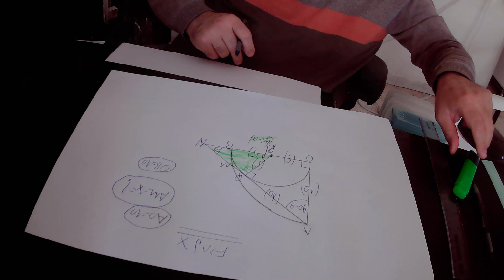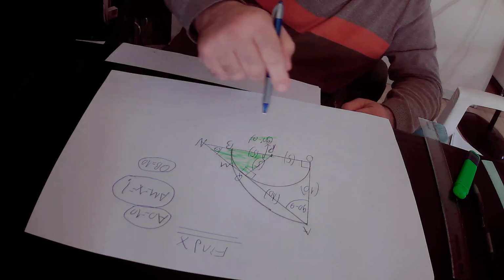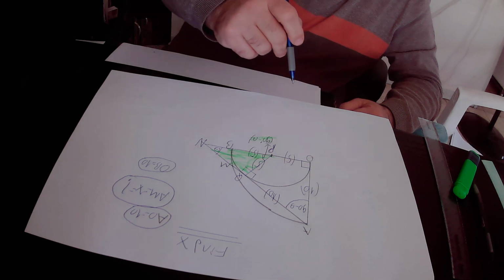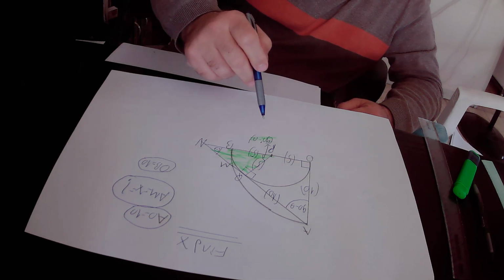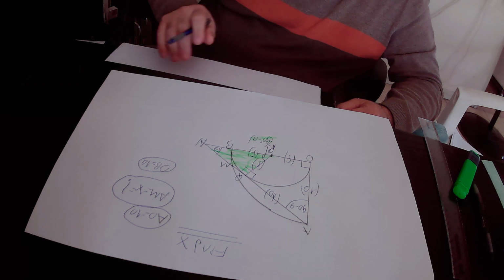In the next step, we will prove that the big right triangle, triangle AON, is similar to the small right triangle, triangle PQN. Okay, so I write it down.